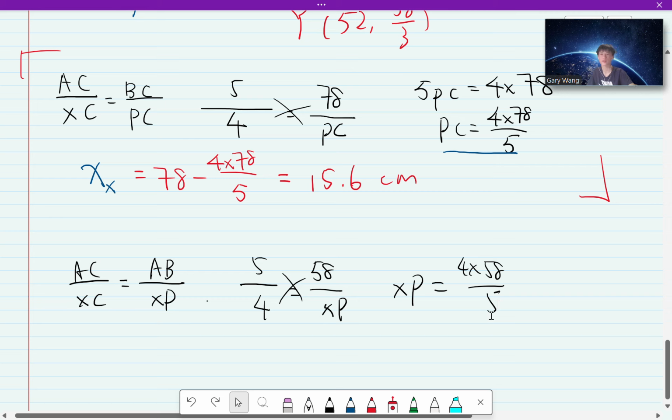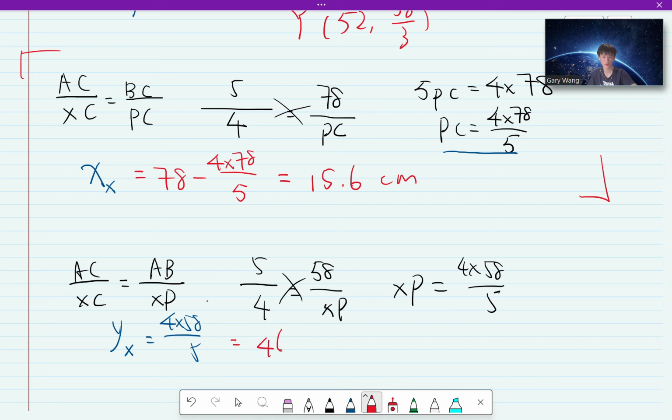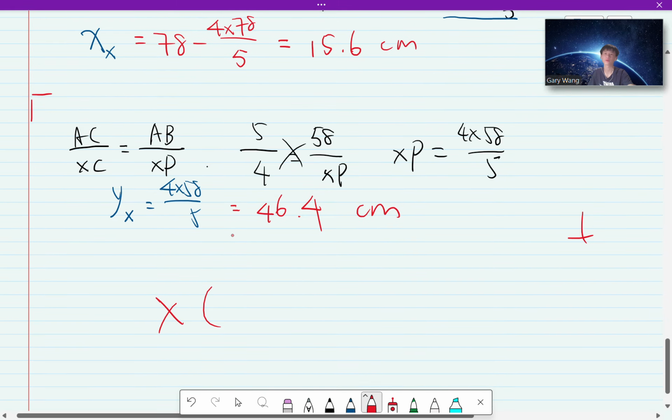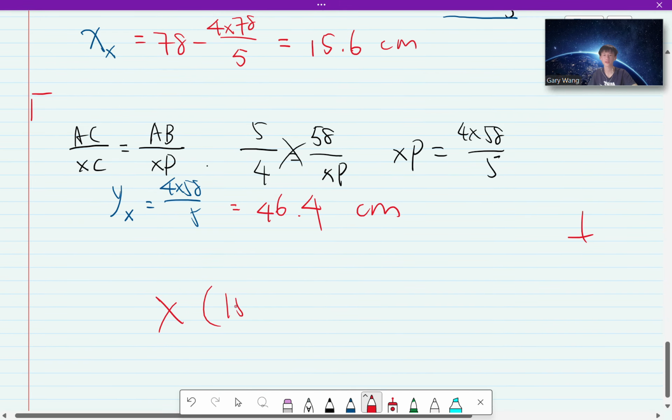Therefore, the y value of point X would just be 4 times 58 over 5, equal to 46.4 centimeters. After these two procedures, we can successfully obtain the coordinates of X, which is 15.6 and 46.4.